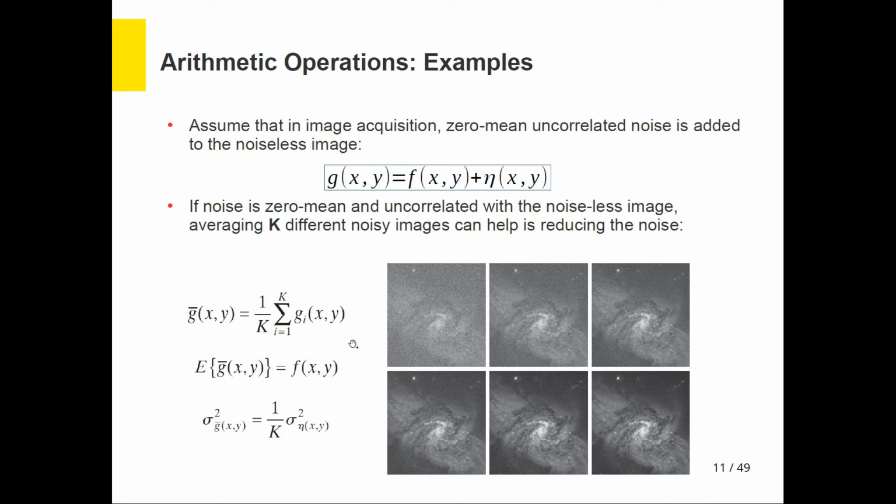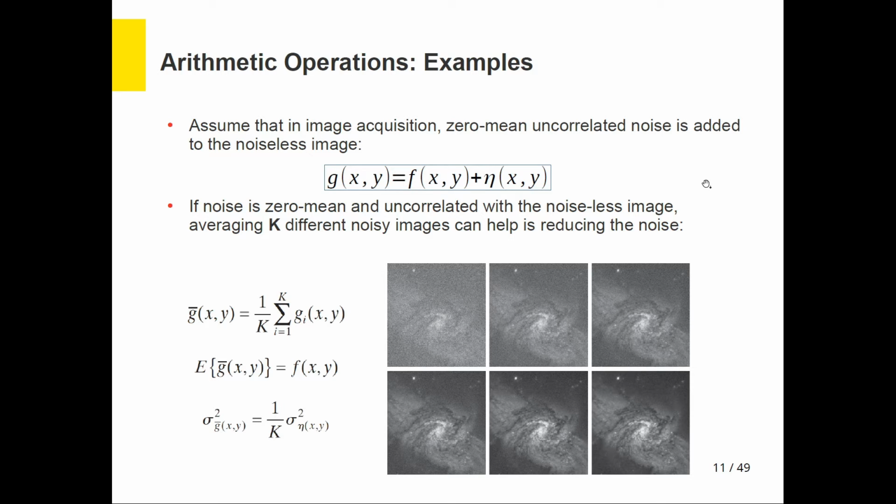The reason for that is that if we find the average, the expected value of the average tends to go to the noiseless image, because the noise image has zero mean or zero average.